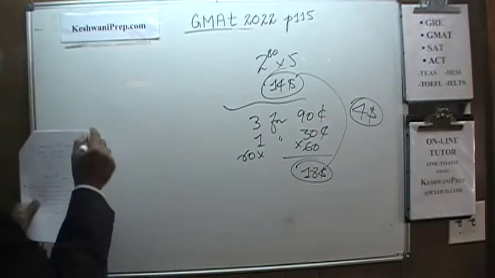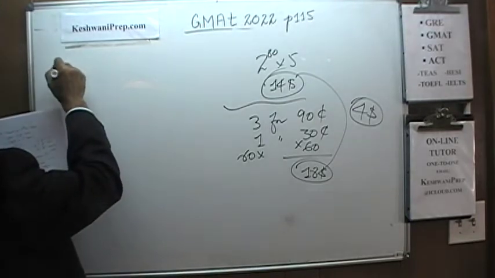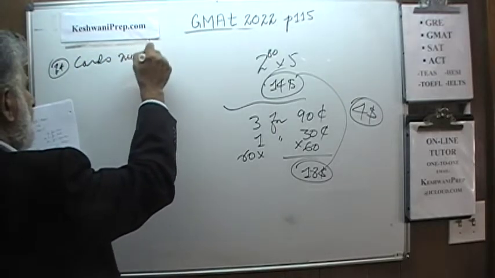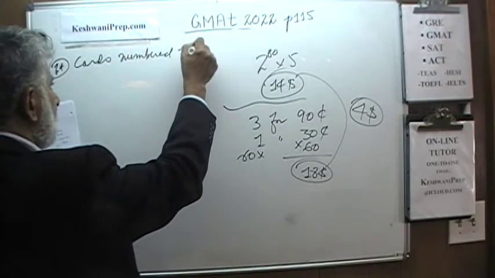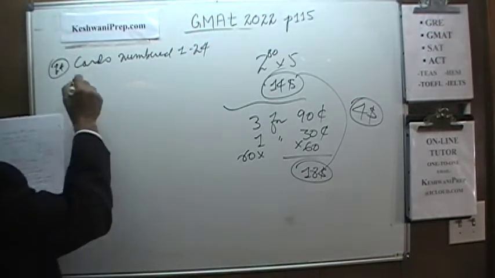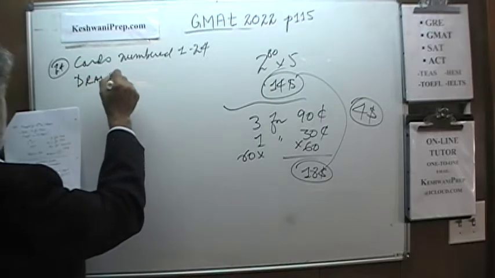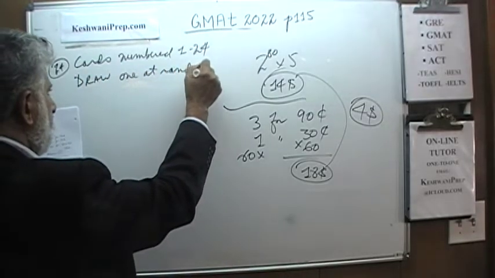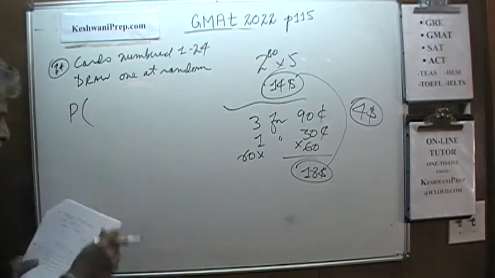Number 24, we have cards. Cards are numbered 1 through 24. Each card has a unique number. We're going to draw one at random. And now the question is, what are the odds?